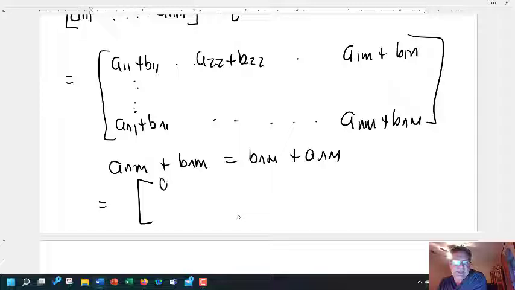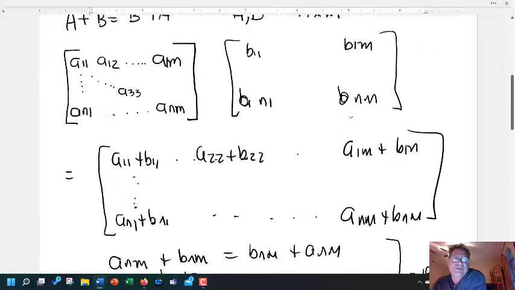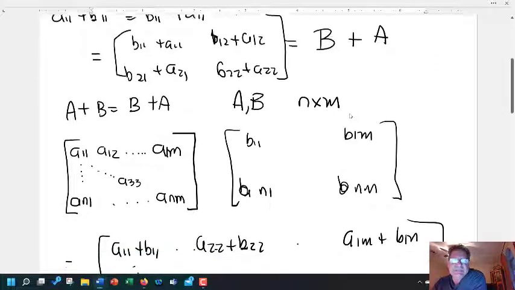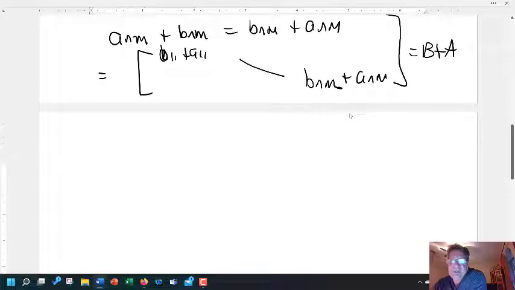So I got B11 plus A11 all the way down to Bnm plus Anm, which really is matrix B plus A. So there's the proof. One of your first proofs in the course is proving that A plus B is B plus A for any n by m.